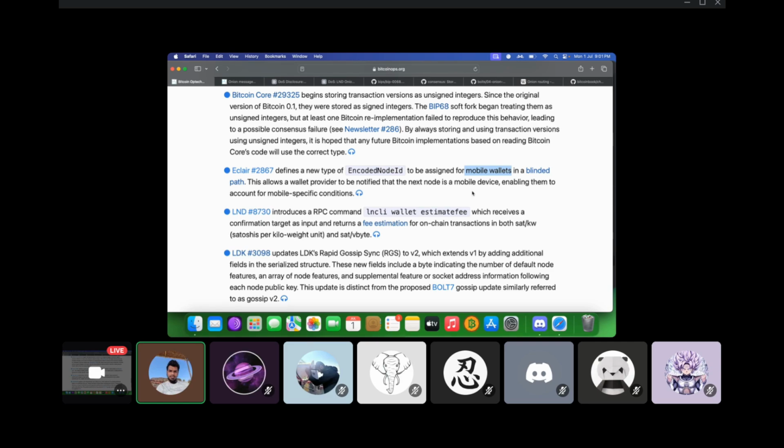So to optimize the experience of mobile wallets, what this PR aims to achieve is that it notifies if there is a mobile wallet in a blinded path, so that changes can be made to route the payment to a mobile wallet, and the mobile wallet is not treated like a full archival node. That's what the PR does.